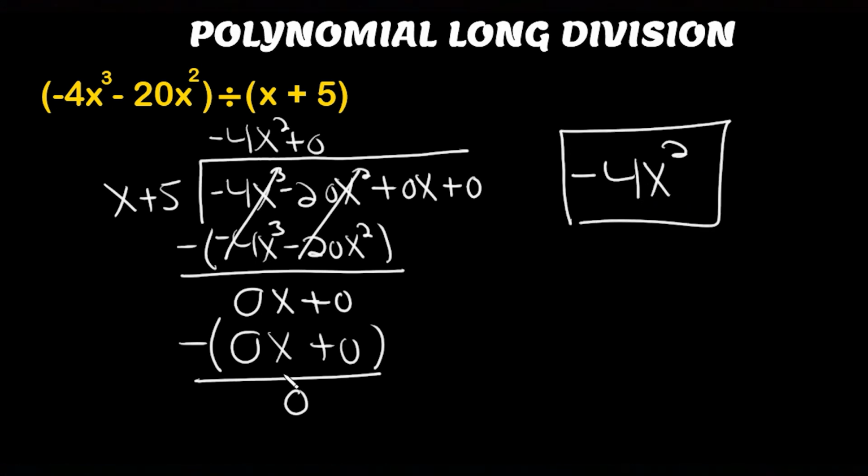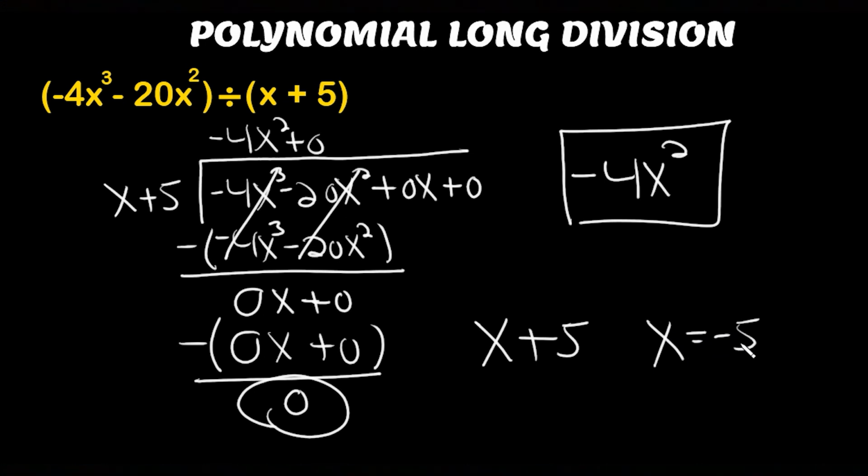Now, this remainder of 0 is pretty interesting because it tells you something, okay? My divisor is x plus 5. If you set that equal to 0 and solve, you get x is equal to negative 5. So whenever you get a remainder of 0, that tells you that this divisor right here, x plus 5, is a factor of this polynomial, your dividend.